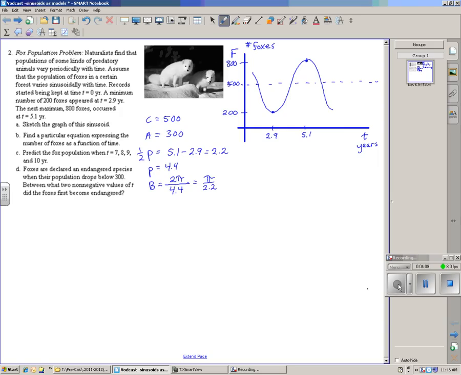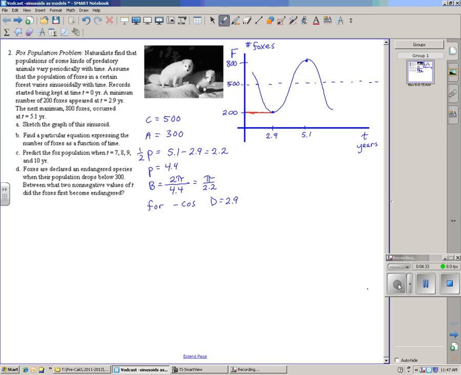Okay, well that's most of the information. Now I'm going to use this distance right here, 2.9, and that is a displacement from the y-axis of 2.9 for a negative cosine graph. So if I want to use negative cosine to model this, my displacement would be 2.9.